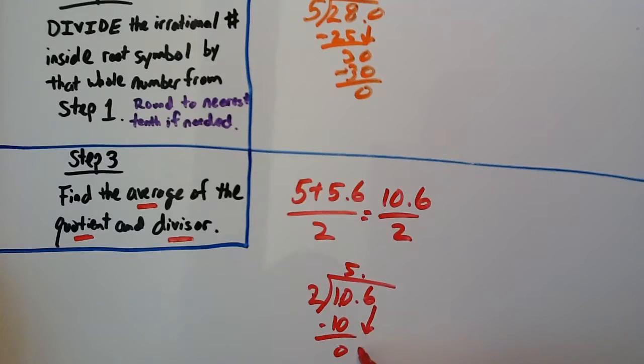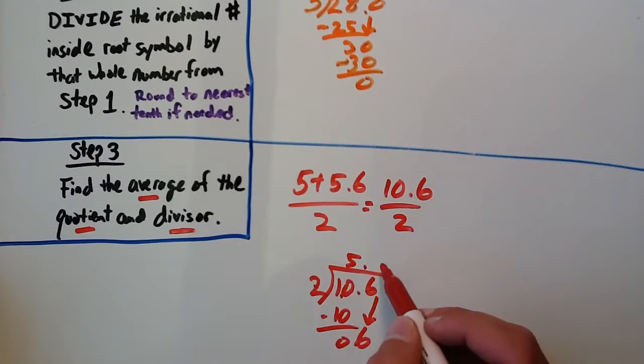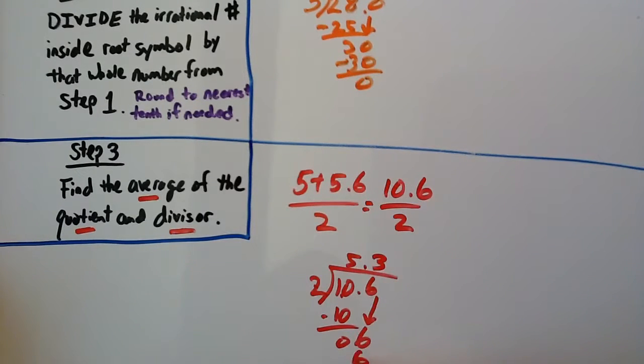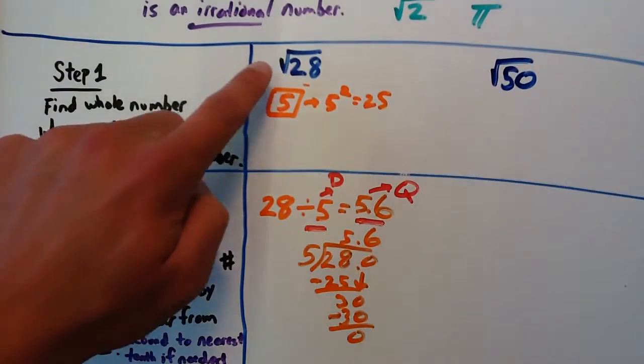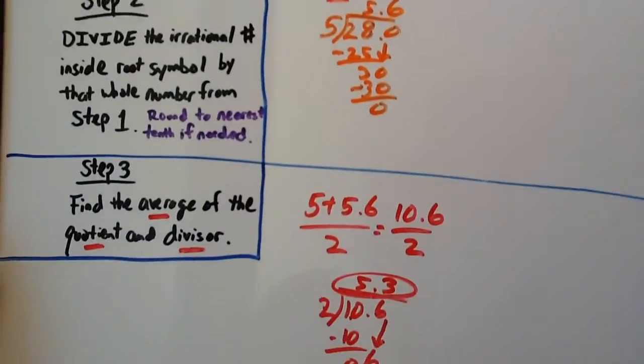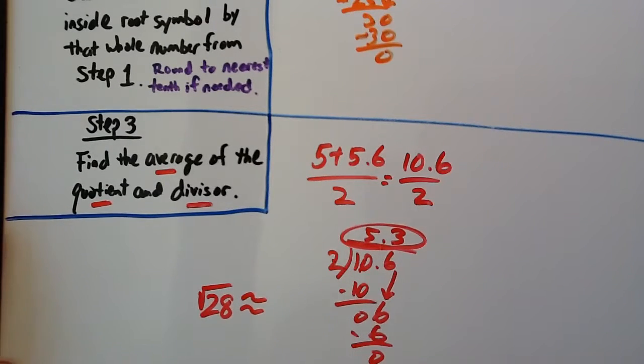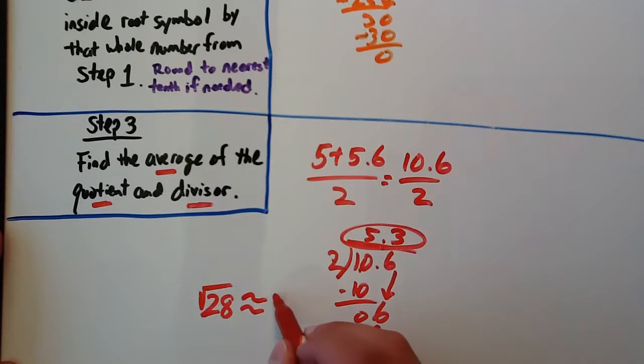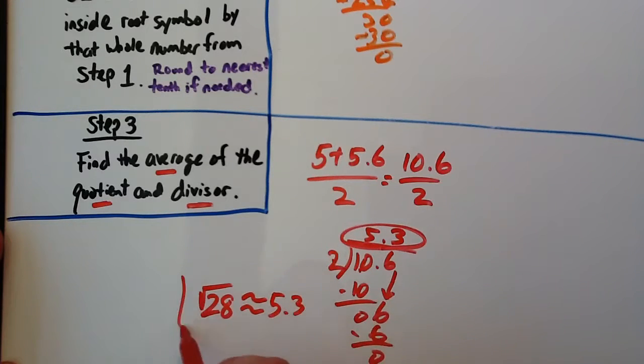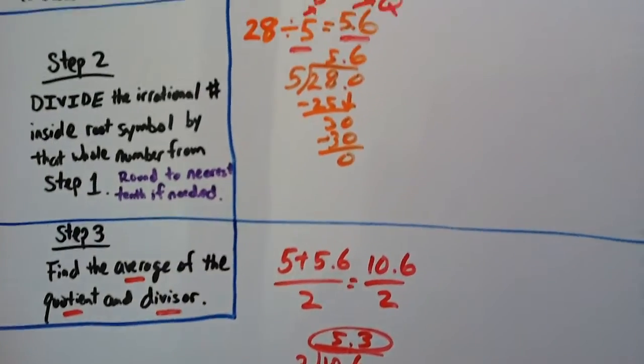I subtract and bring down the 6. 2 goes into 6 exactly 3 times. So we get the average of these numbers being 5.3. So that is the approximate value of the square root of 28. We would write the square root of 28 is approximately 5.3.